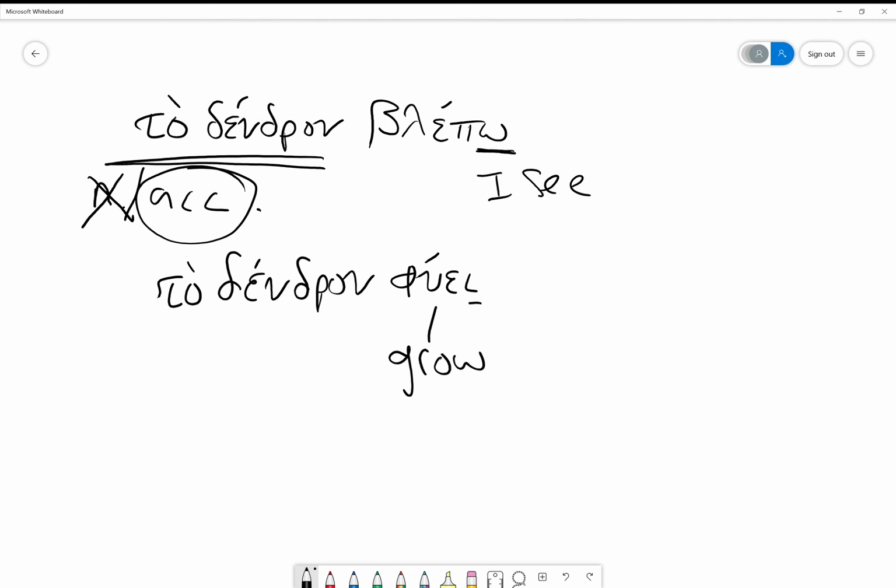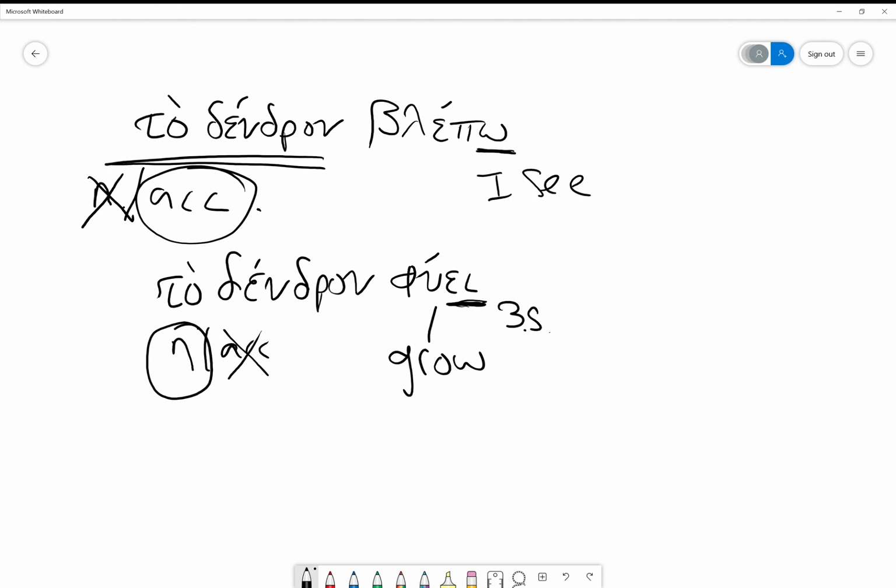You'll notice this is our third person singular ending, right? So, since this is all we have, this is our entire sentence, we need this to either be nominative or accusative. Well, what's growing? In this case, it's to dendron. It is nominative, not accusative. Context is what is going to give that information.